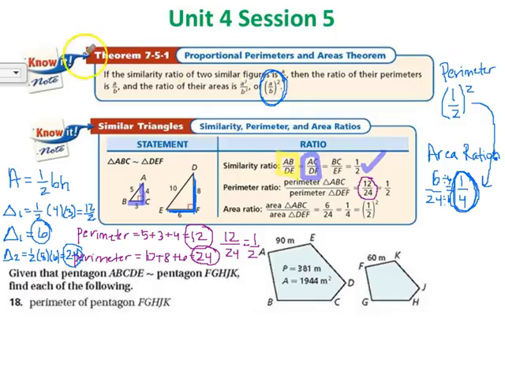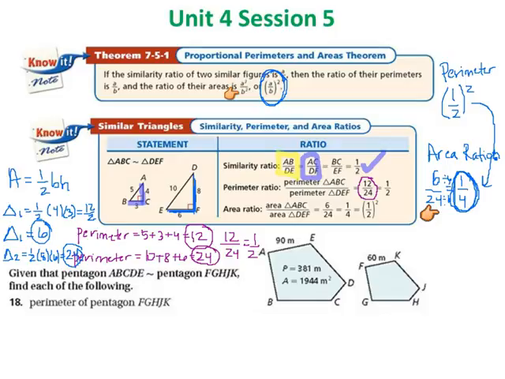That goes back to the first theorem we started with: the ratio of the perimeters is just comparing the perimeter of the first triangle to the second triangle, and the ratio of the areas is that perimeter ratio squared. Or you can simply find the area of each of your triangles and set it up that way. Either way works.